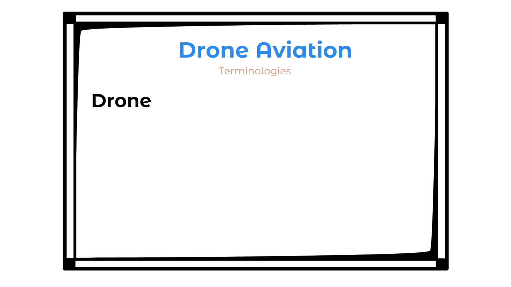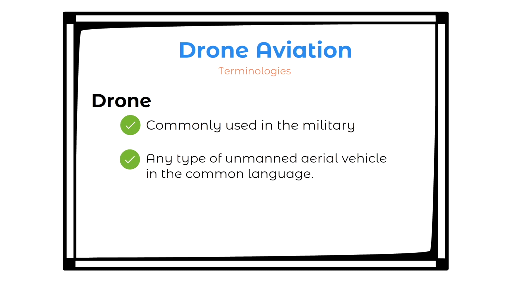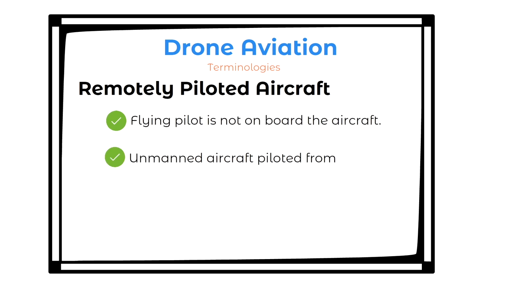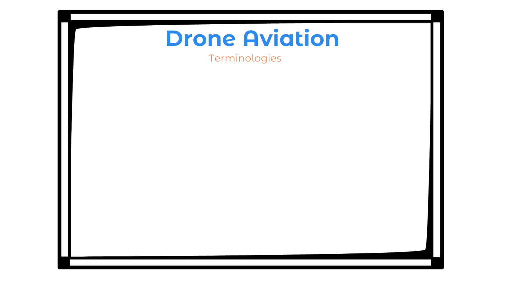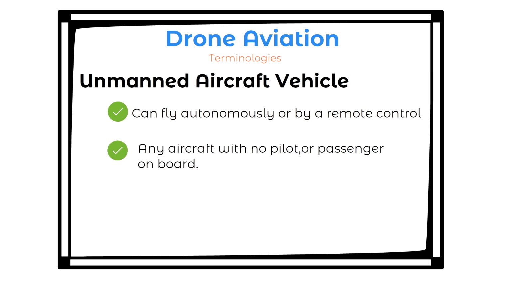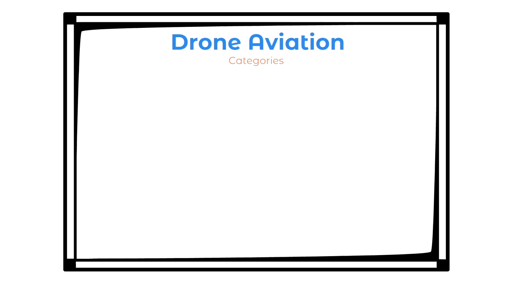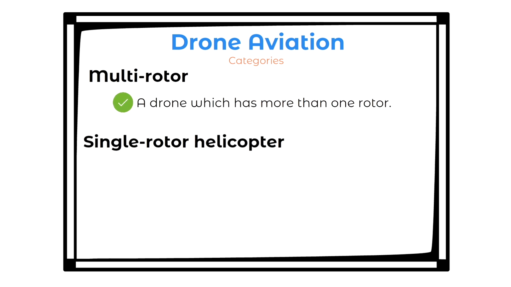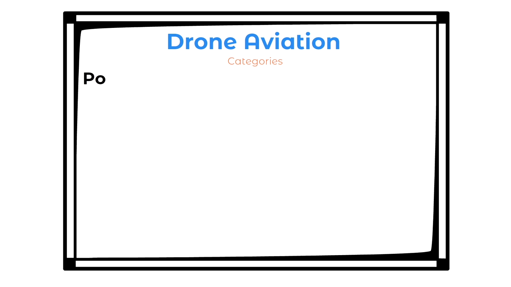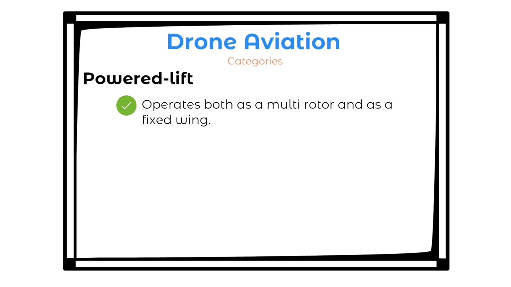Terminologies: drone, RPA, UAV, categories of drones: multi-rotor, single-rotor helicopter, fixed wing, powered lift, airship.